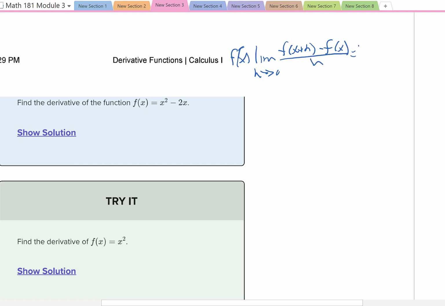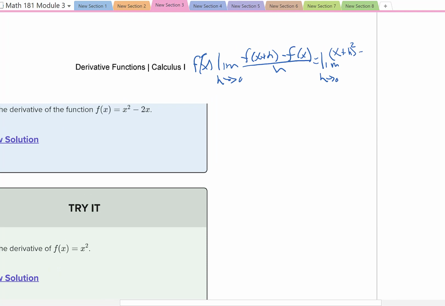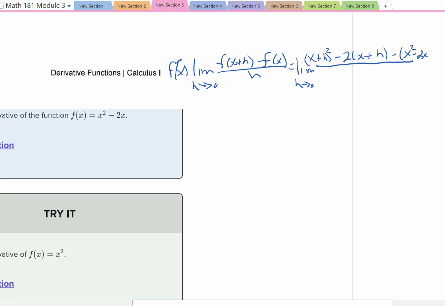So that's going to be the limit as h goes to 0 of x plus h squared minus 2 times x plus h. Then we have a minus the original thing, x squared minus 2x, all over h.